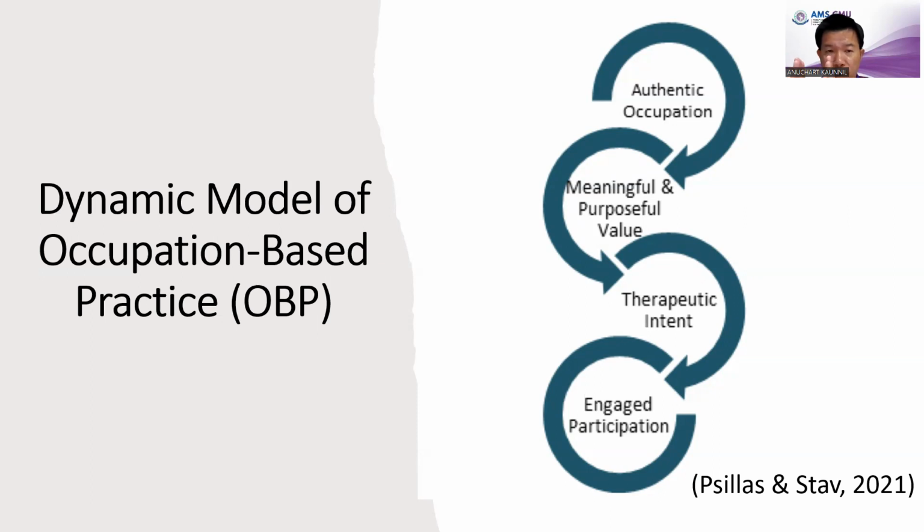This is just a model into practice. Engage participation. They use 2 words, engagement and participation as well. This is why it's very challenging for the Thai occupational therapy society if we try to put this into the research.